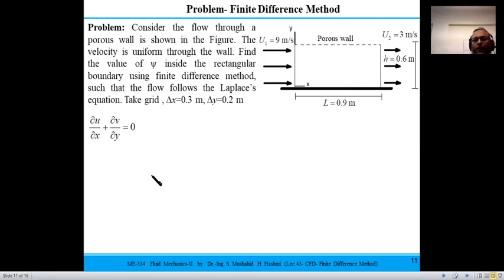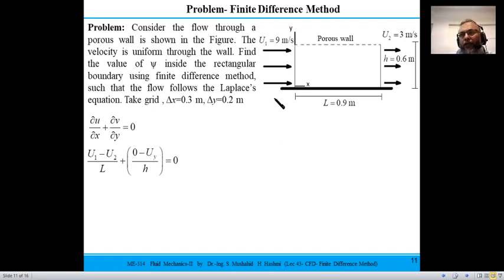So here I substitute the velocity in the x direction: u1 minus u2, and the distance between them, the change, would be L, which is the length of the wall, plus the velocity change in the y direction. We don't know that, but we know that when y is 0, due to the no-slip boundary condition, the velocity would be 0. So in the y direction we are moving from 0 to some velocity, which we have named uy.